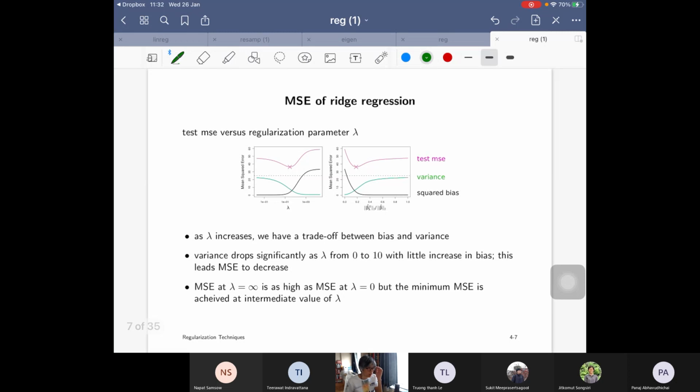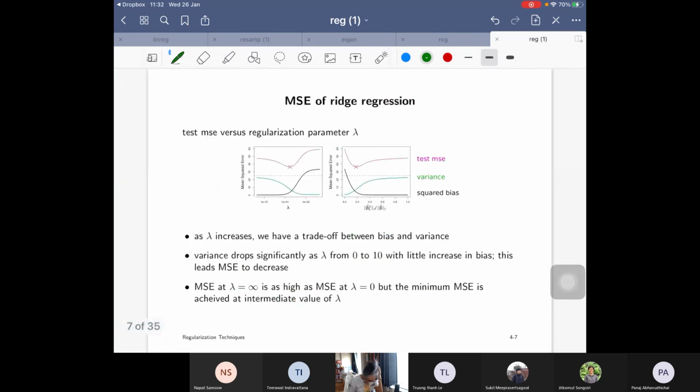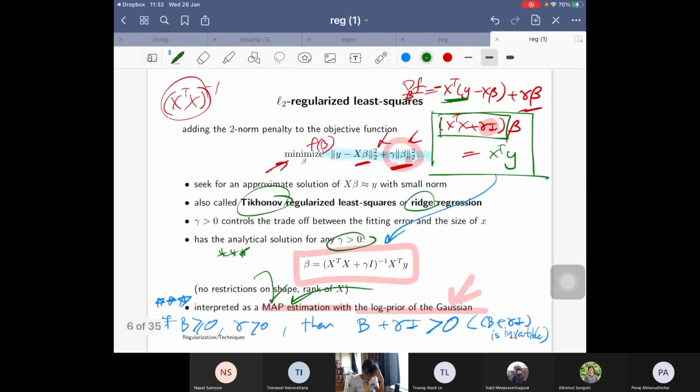Okay, here we have some results, MSE of the ridge regression. Please refer again, we have two names, Tikhonov or ridge. In this slide, I probably use different notations. Here I use gamma as a penalty parameter of the L2 norm.